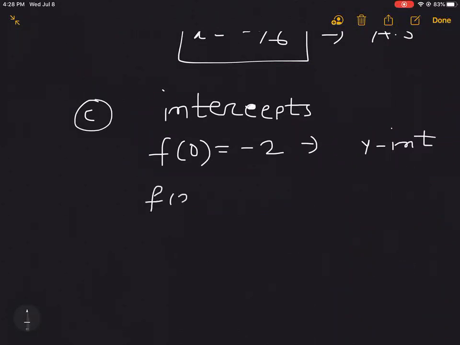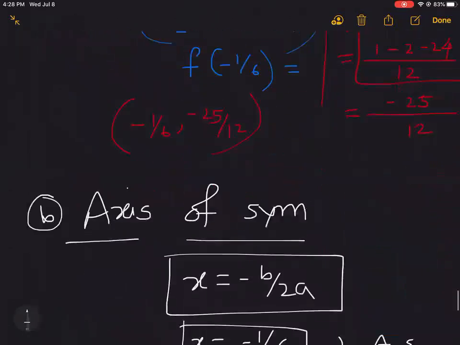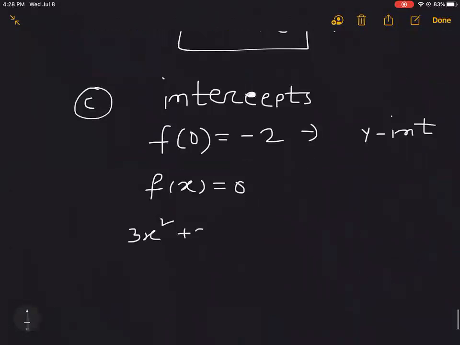And if we plug in 0, what was that again? 3x squared plus x minus 2. So if we set this to 0, and if we can solve it for x, we should get the x-intercept.